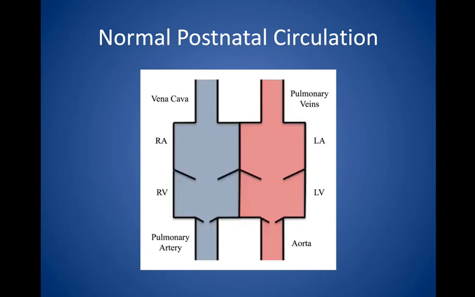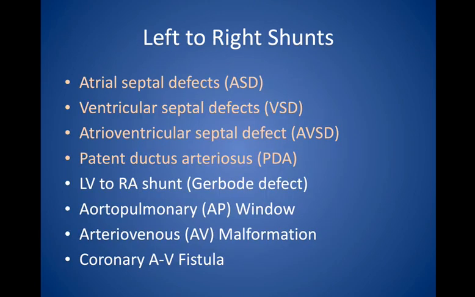And this would result in extra blood flow that goes to the lungs and extra congestion. While if we had right to left shunting, that would result in a decreased QP to QS and you would have cyanosis. So for the purpose of this talk, we're reviewing left to right shunts, where in all situations the QP to QS will be greater than 1.